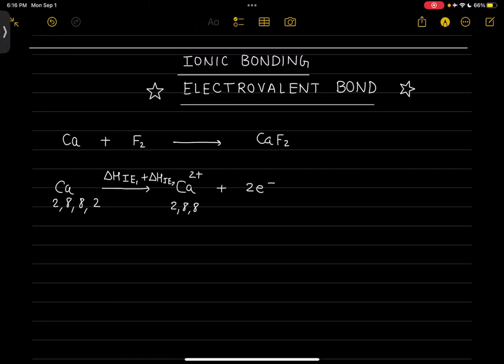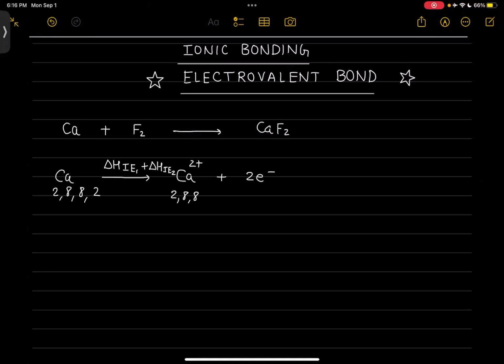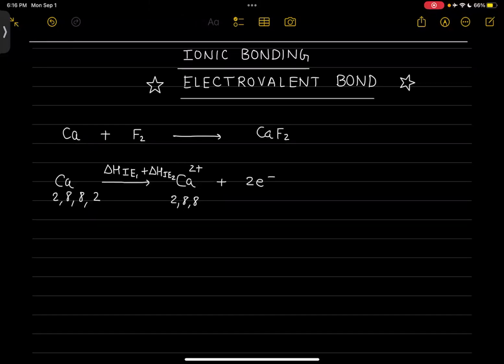Actually, the sum total of first and second ionization energies. Is it clear? Third ionization energy is going to be very high because the electron is removed from the inner shell, so that will require a lot of energy. Right? Clear?